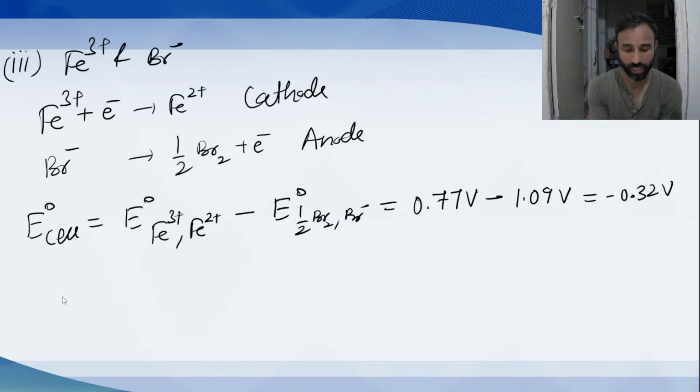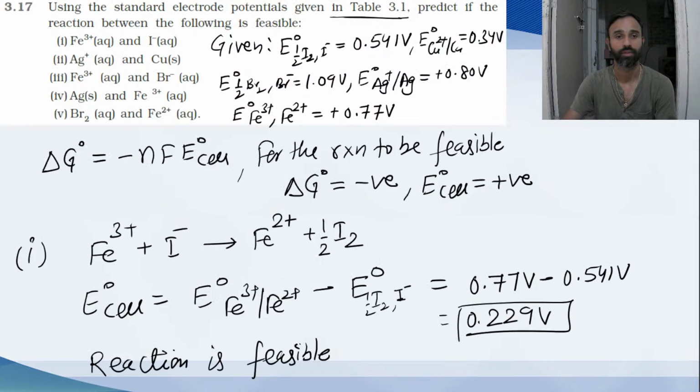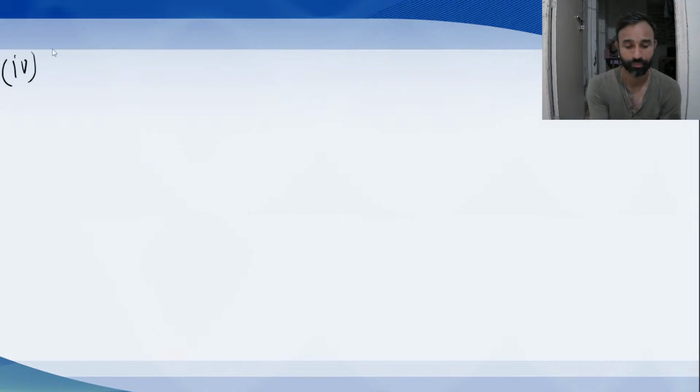Very good, E naught cell is negative, so this reaction is not feasible. The reaction between Fe3+ and Br negative is not feasible. Now, the fourth pair is Ag and Fe3+.